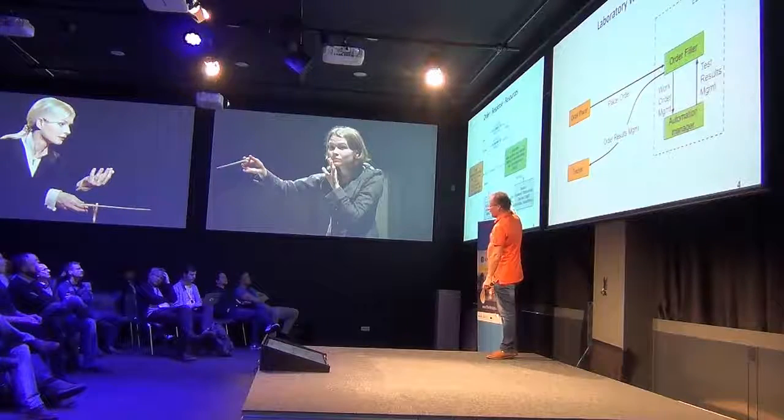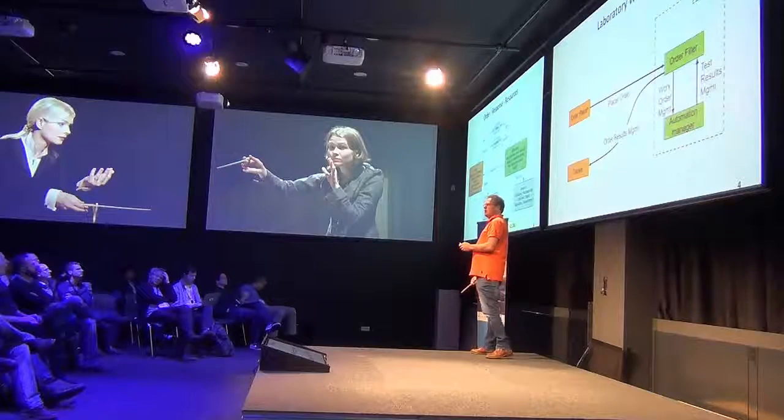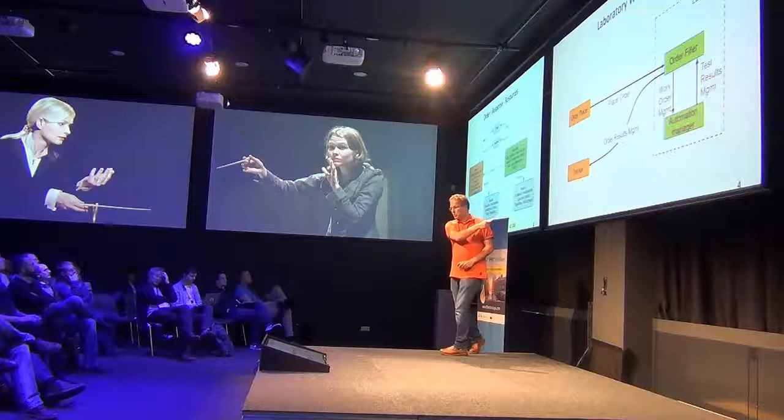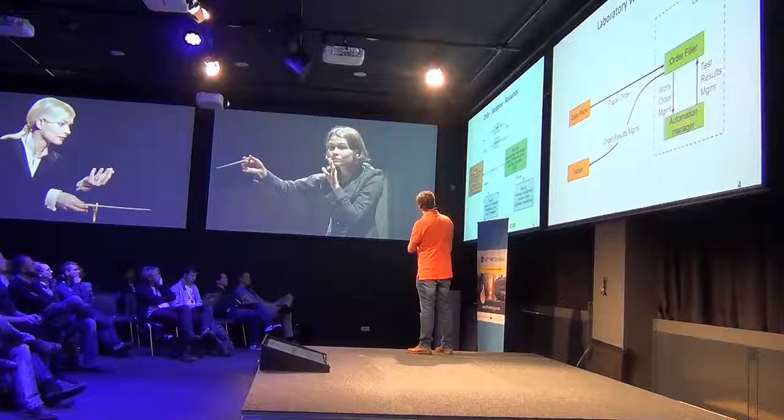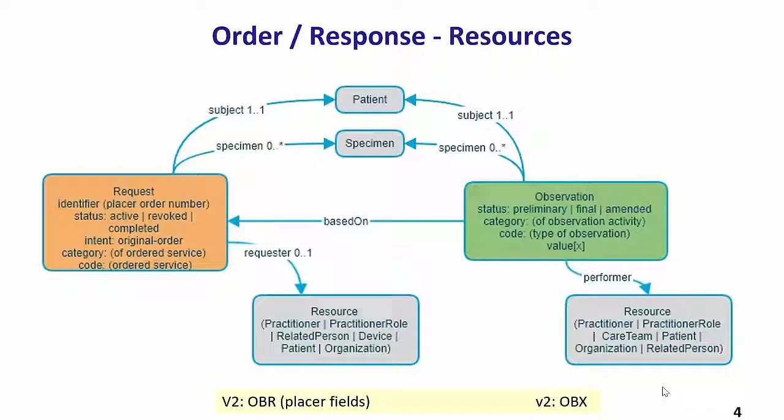Now, if you start looking at FHIR, what resources do we actually have to support those workflows? Certainly we have request. Request identifies the service that we are ordering to be done, and the request resource has a number of statuses to indicate whether or not this request has been performed. Ultimately, that request will result in an event.